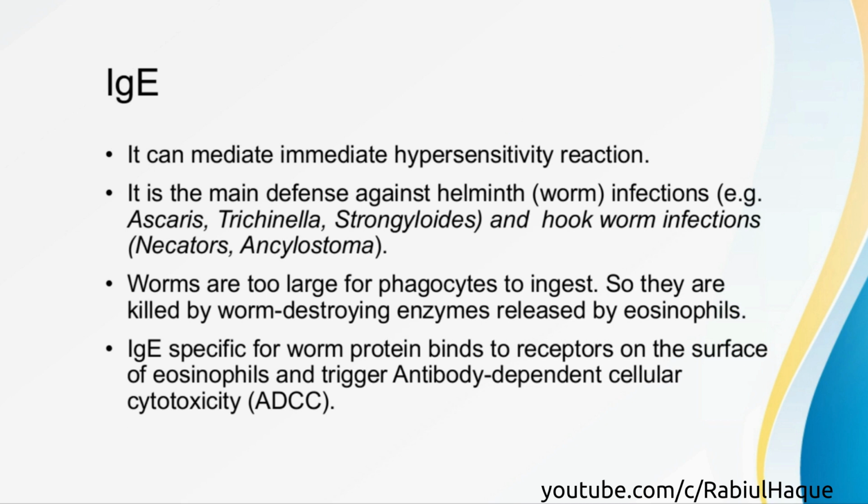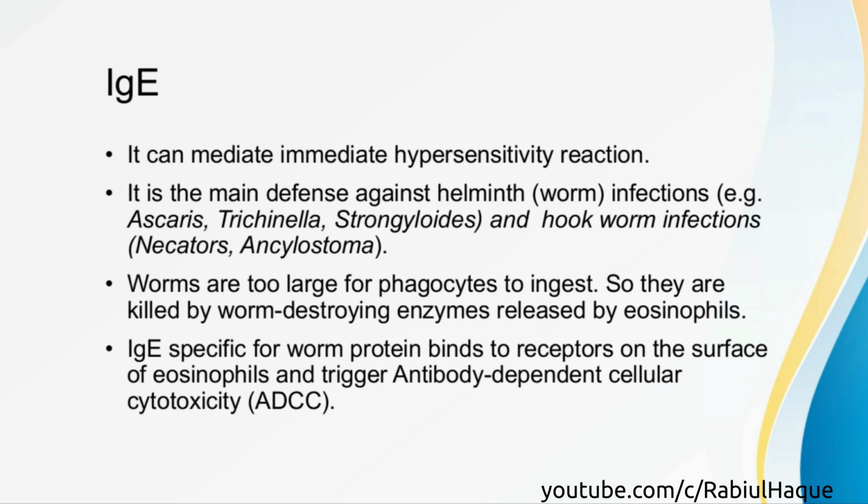It is the main defense against helminth or worm infection, for example, Ascaris, Trichinella, Strongyloides, and also against hookworm infections like Necator and Ancylostoma. Worms are too large for phagocytes to ingest, so they are killed by worm-destroying enzymes that are released by eosinophils.